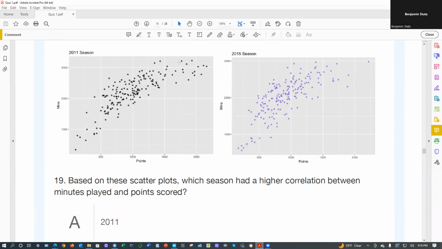Look closely at which points are so tightly around the regression line. If you draw a regression line here, they were spread out. Most of the points are far away from the regression line. This one is getting a little bit closer. If you draw a straight line, they are more tightly spread around the regression line. So you can say 2011.